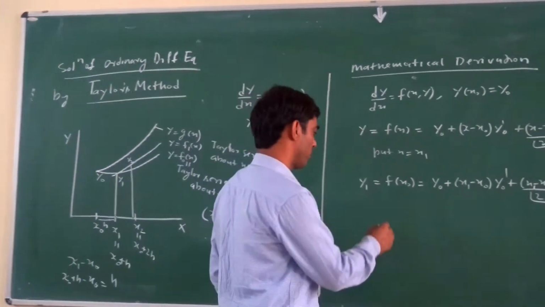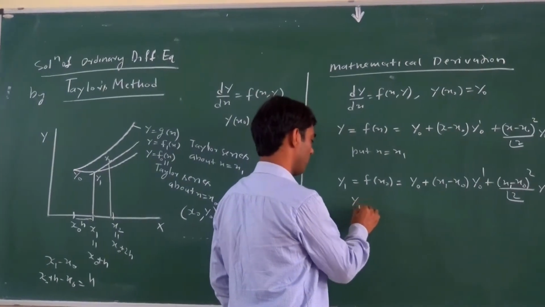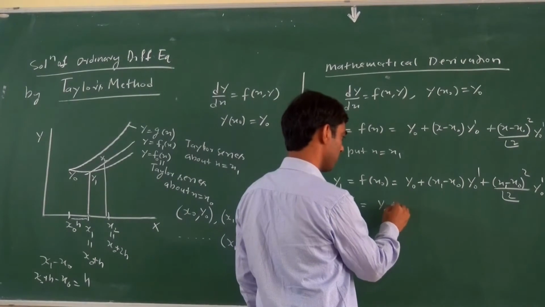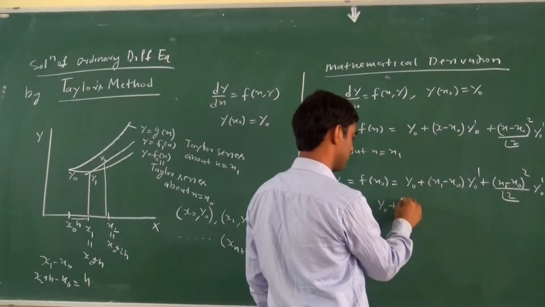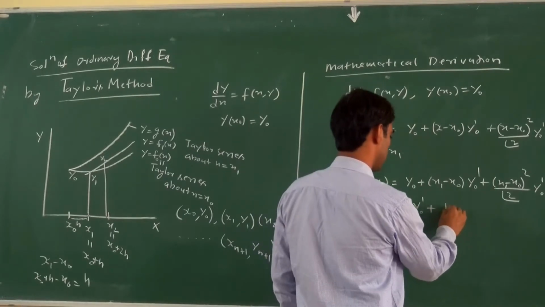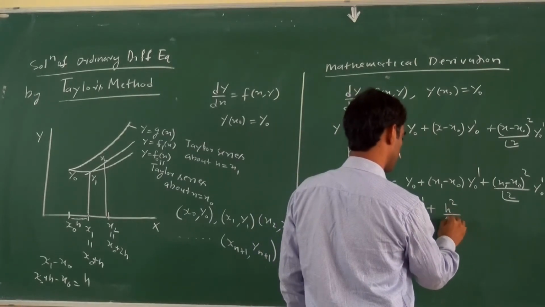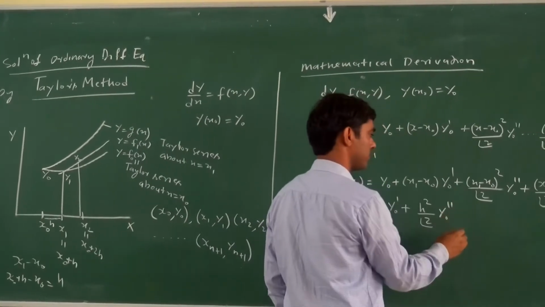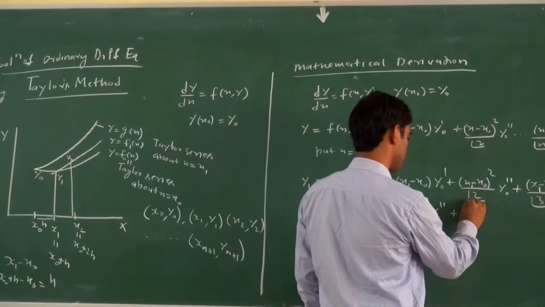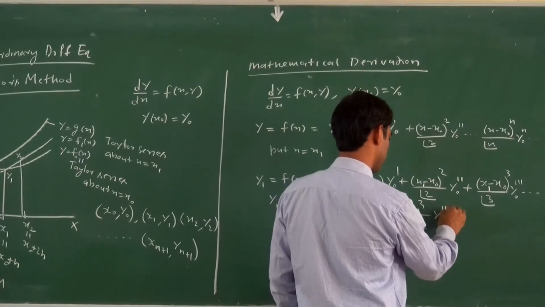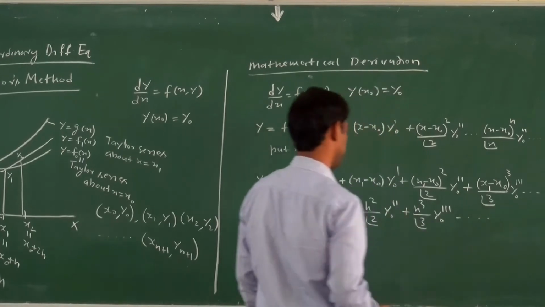So here y1 becomes y0 plus h y0 dash plus h square upon factorial 2 y0 double dash plus h cube upon factorial 3 y0 triple dash, and so on.